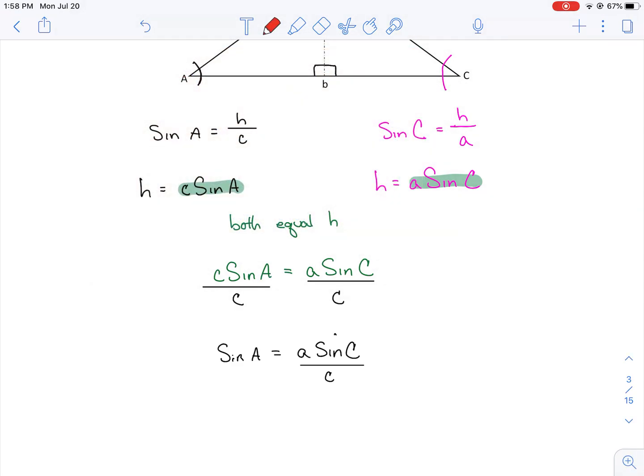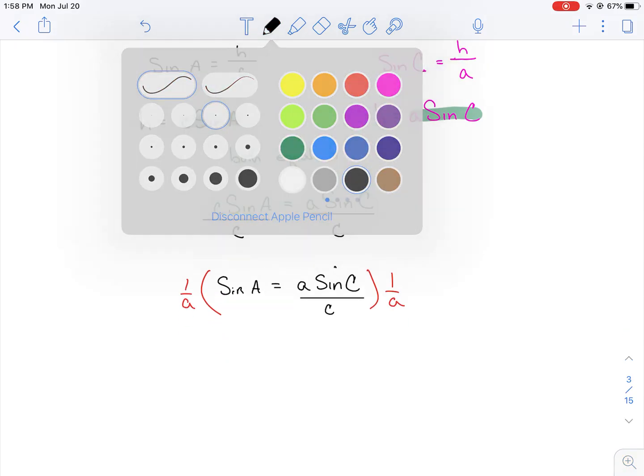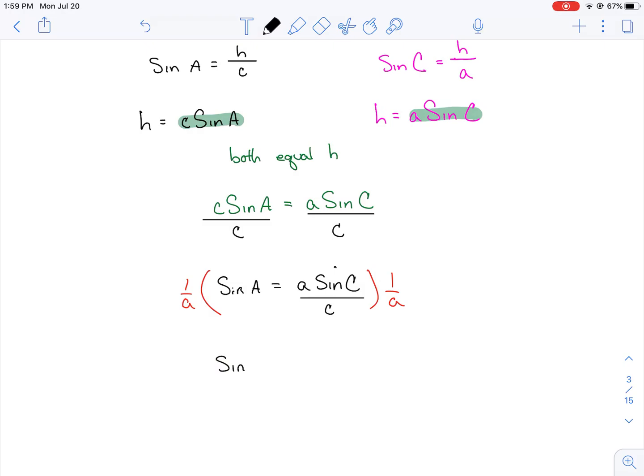Next, I'm going to multiply both sides by 1 divided by a. So now sine of A divided by a is equal to sine of C divided by c.